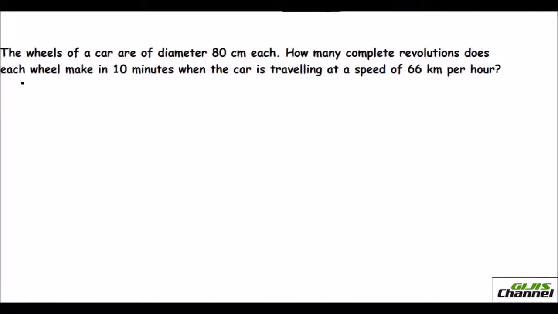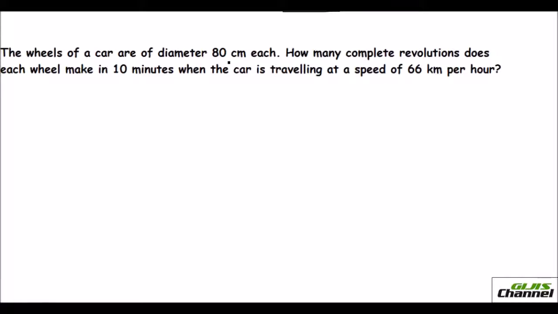So actually, if they haven't given you the words each wheel, you should have calculated for the 4 wheels. Here you're just asked to do it for one wheel. How many complete revolutions does each wheel make in 10 minutes when the car is traveling at a speed of 66 kilometers per hour?